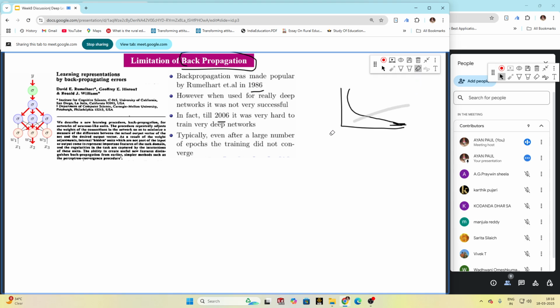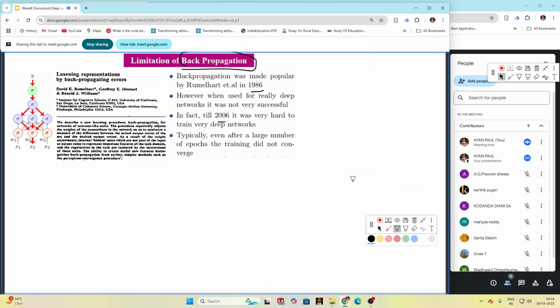We got this algorithm known as backpropagation for training the neural network, but neural networks were not popular because the training did not converge, or the loss did not approach zero. That was the problem. To deal with it, after 2006 there are different strategies that we will discuss today, that take care of this problem of backpropagation that we faced till 2006. So that is our topic for today.